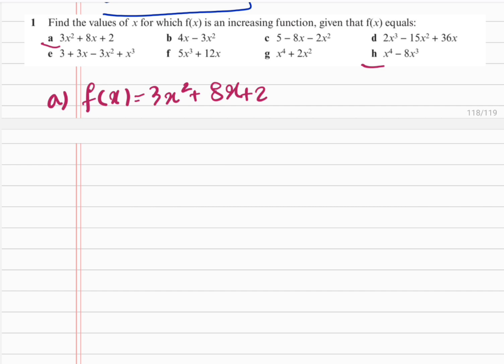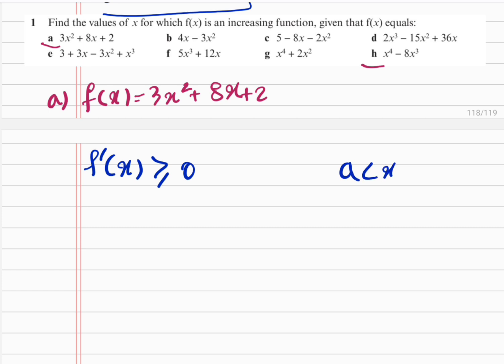Let me remind you that a function f of x is increasing if the first derivative, which is f dash x, is greater or equal to 0 for all values of x such that x is between a and b.